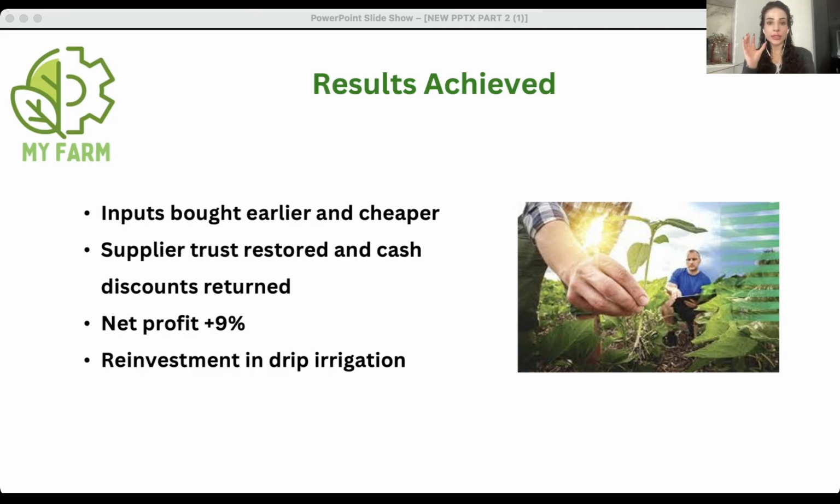The results were clear indeed. The fertilizers and seedlings were purchased earlier and at lower prices. Supplier trust was restored and cash discounts were reintroduced. The farm's net profit rose by 9% and the family reinvested in a new drip irrigation system.